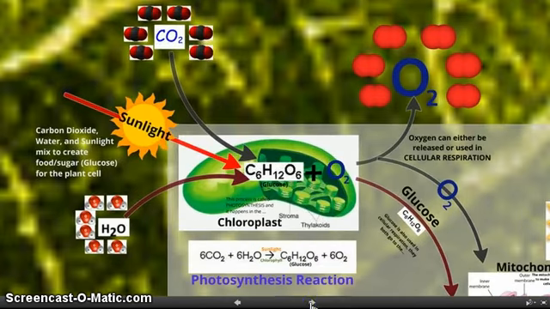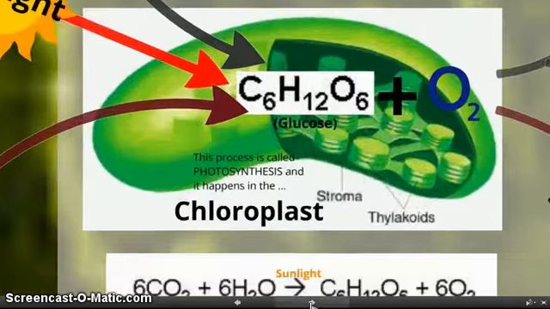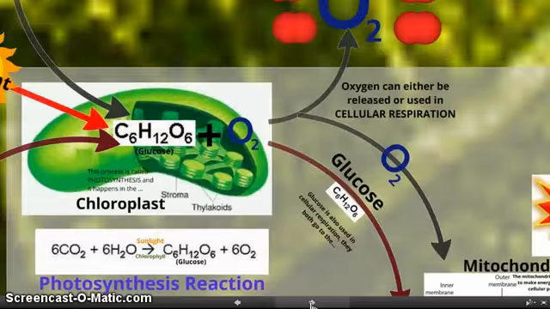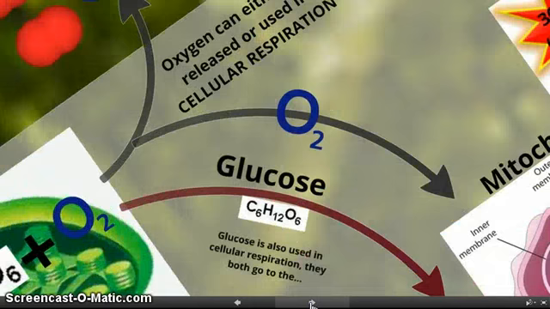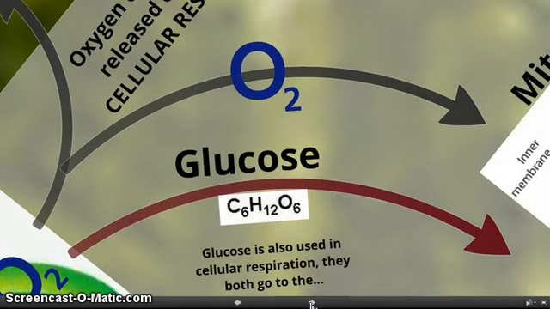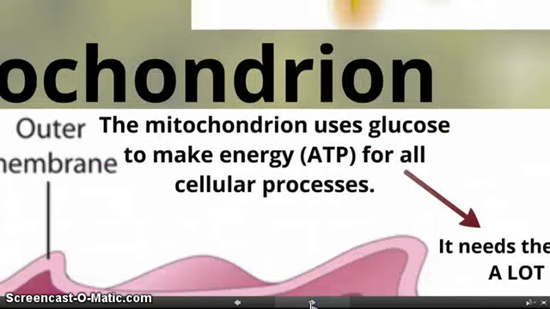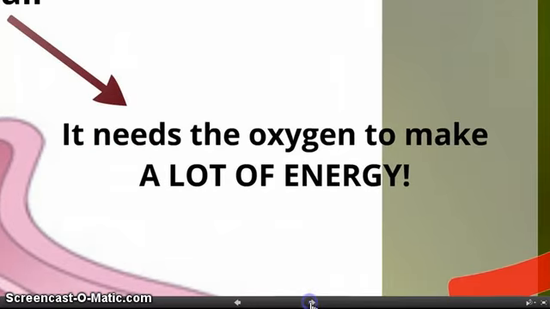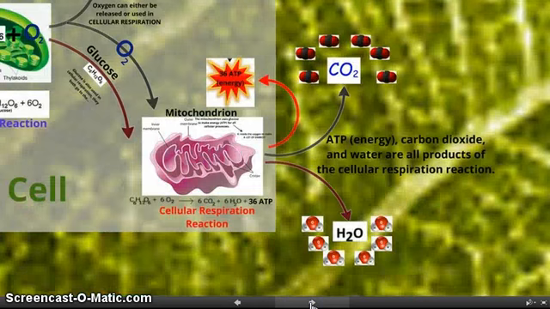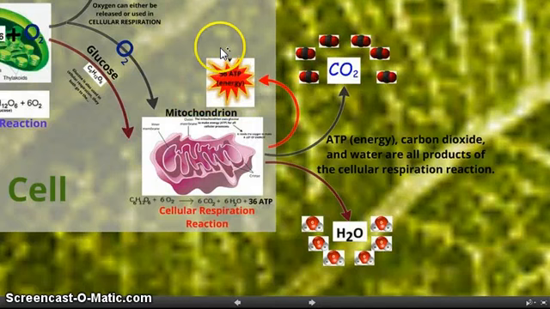Do a quick advance through these slides. Oxygen and glucose are used in cellular respiration in the mitochondria, and it helps make ATP. Oxygen is used to make lots of energy. So 36 ATP are made through cellular respiration.